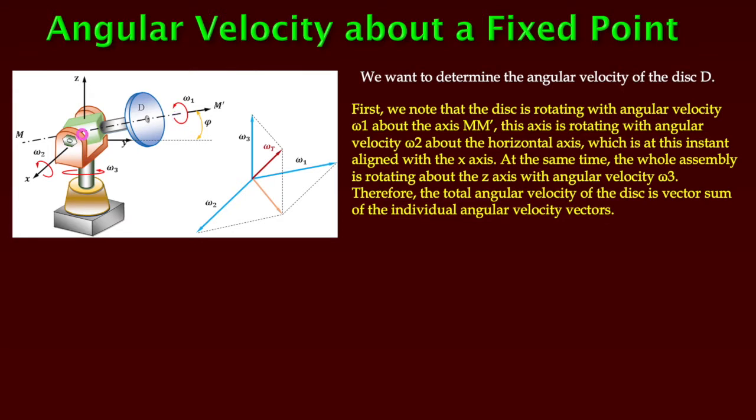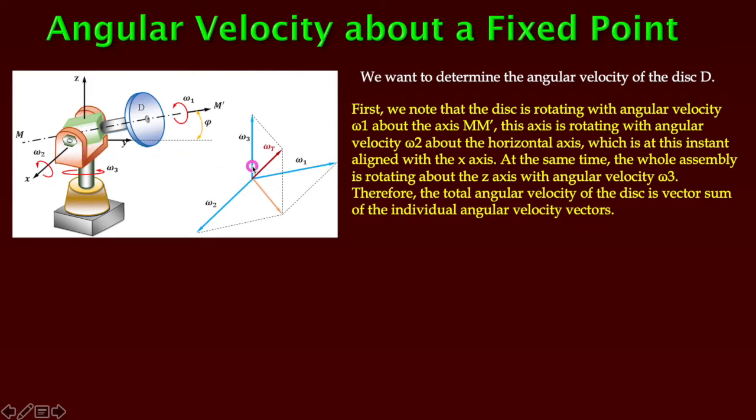Now draw the angular velocity diagram. How to draw the angular velocity diagram? Let us consider y is this horizontal axis, this is x and this is z.